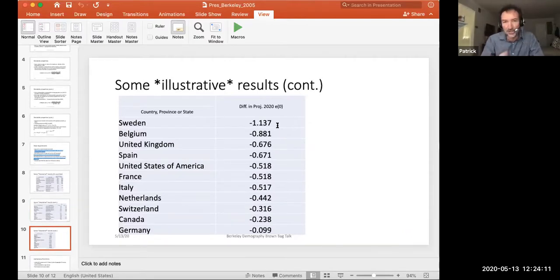In the projection, again, we shouldn't make too much of it. The numbers are projected to increase in Sweden because IHME incorporates the fairly lax social distancing rules. But we get for a number of countries estimates of half a year decline in life expectancy, which doesn't seem to be a whole lot.